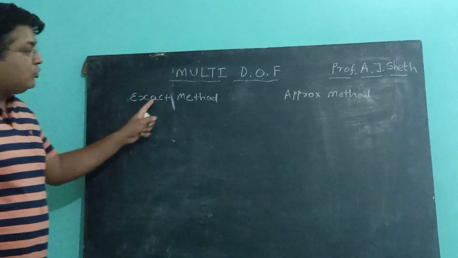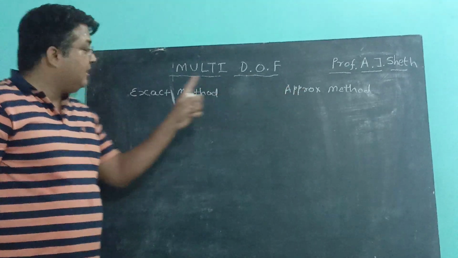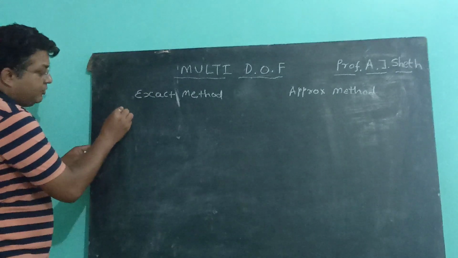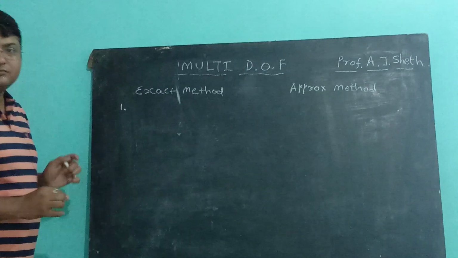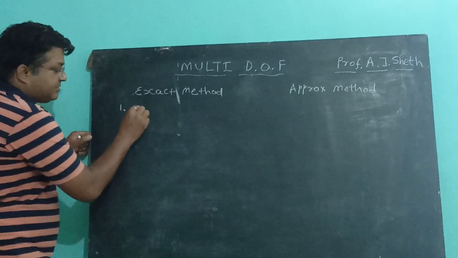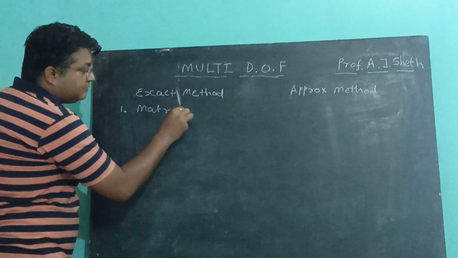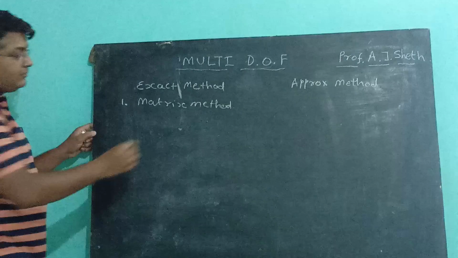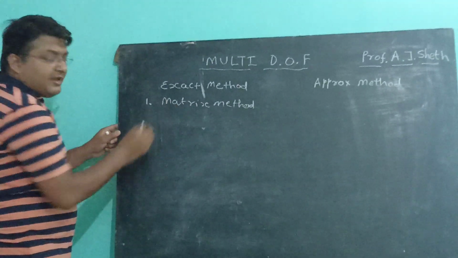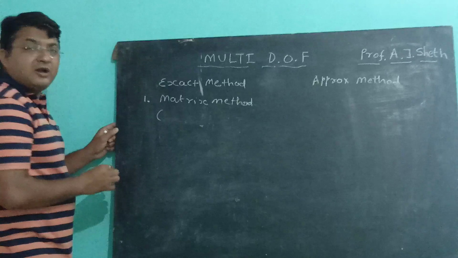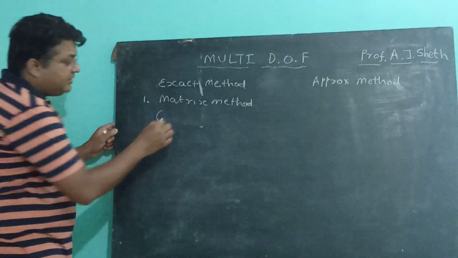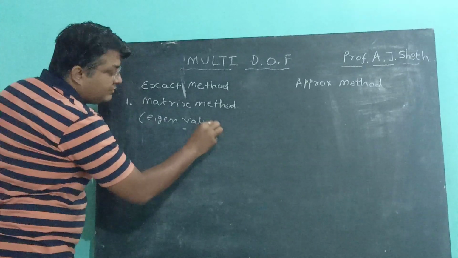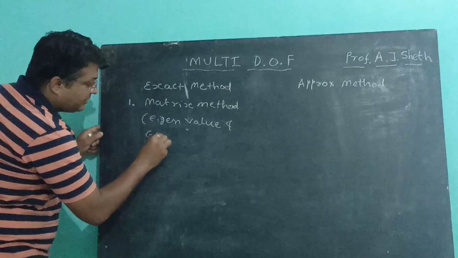There are two methods for the solution: exact method and approximate method. In the exact method, the first is the matrix method, where we are going to understand the concept of eigenvalues and eigenvectors.